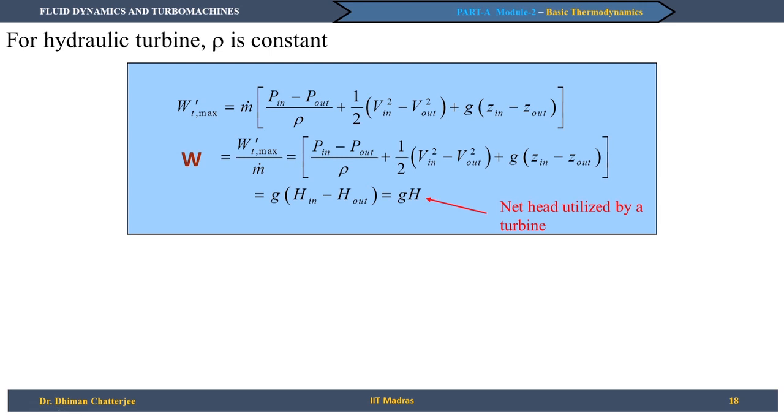So, when we design a turbine, we have to know what is the head that is expected across the turbine. So, this is the net head H.